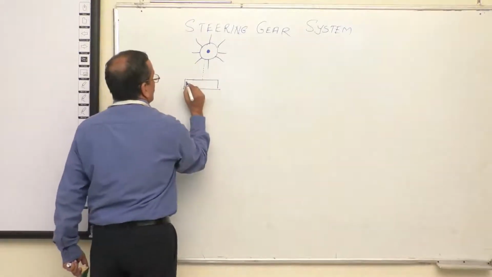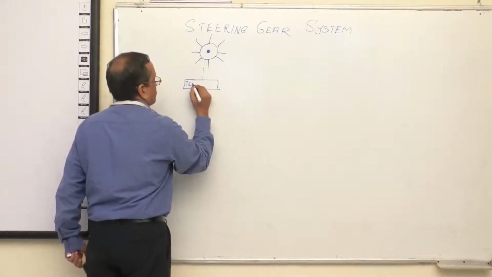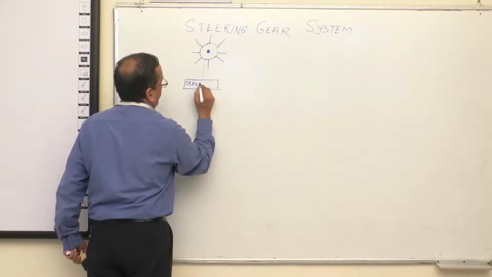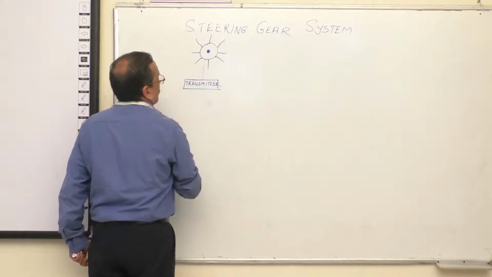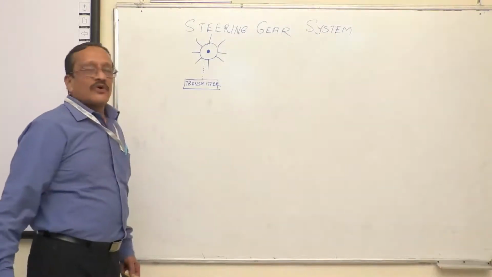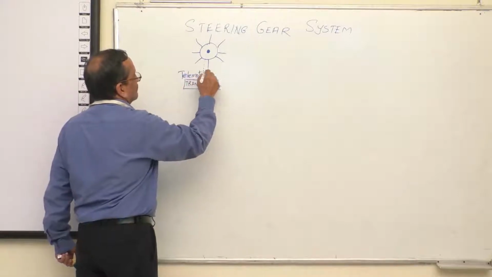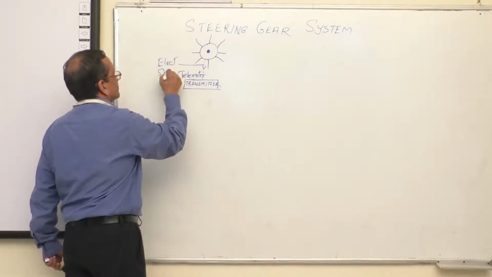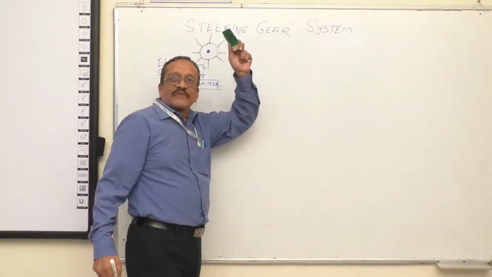Once your wheel turns, the telemotor transmitter receives the electrical signal from the wheel.